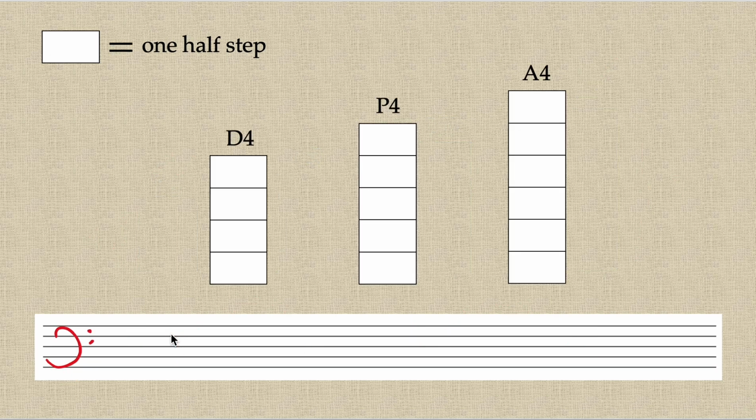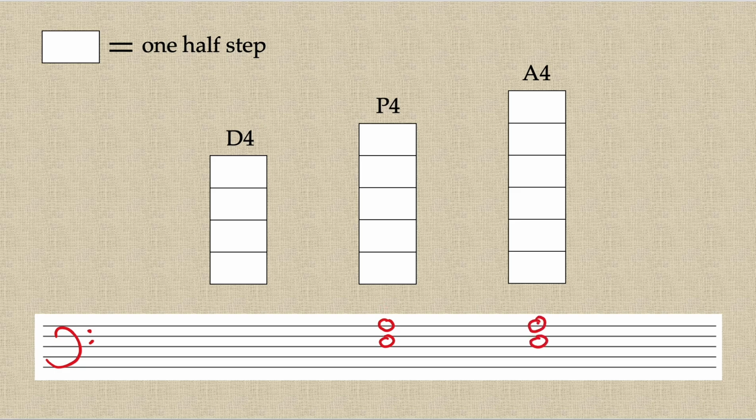Let's work on something on a perfect interval. E to A is a perfect fourth because from E to A, E, F, G, A is a fourth, and then it has five half steps. That's why this is a perfect fourth. If we add a half step to this interval, again, I'm going to have the E stay.